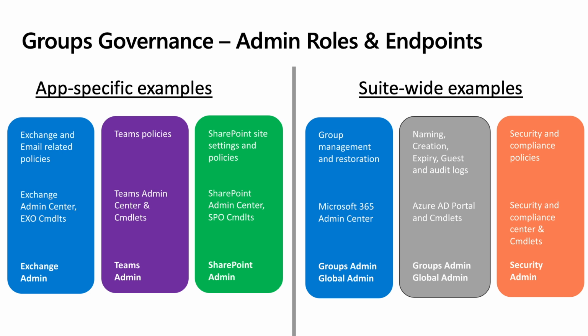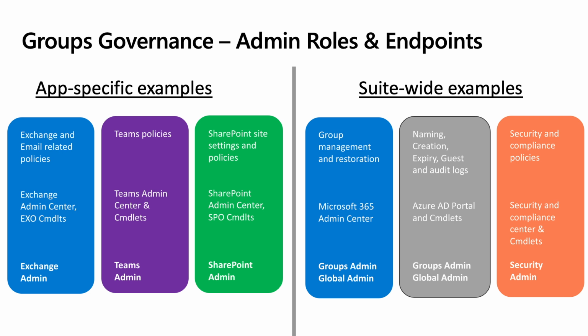When we talk about app-specific policies, there might be policies that apply only to Outlook groups. For example, things like who is allowed to email this group? Are external people allowed to email this group or not? Or there might be SharePoint specific policies where you say, hey, this group can be accessed only from certain devices and not from other devices.